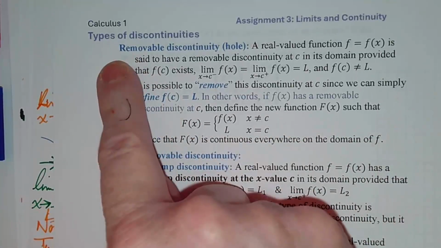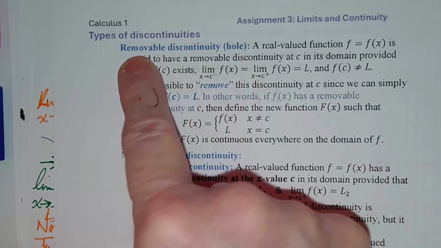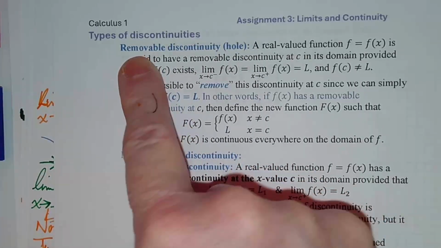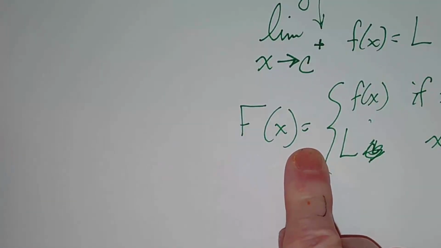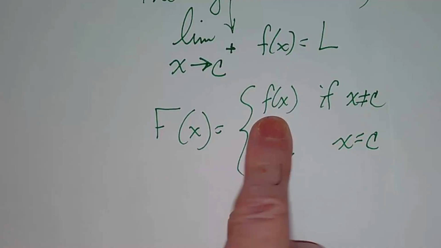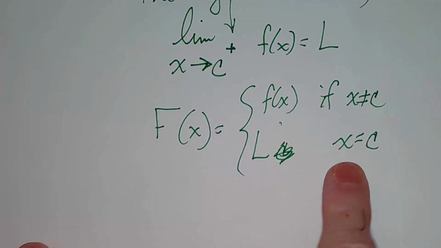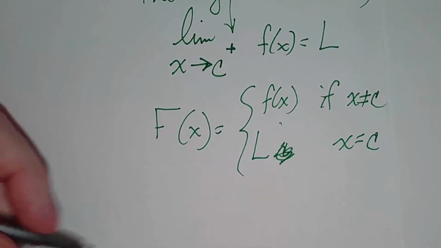We think of a hole discontinuity as removable because we can repair the function, just like we did here for the earlier function. We created a new function that repaired little f of x when x was equal to c. So when x is c, we get the value L.